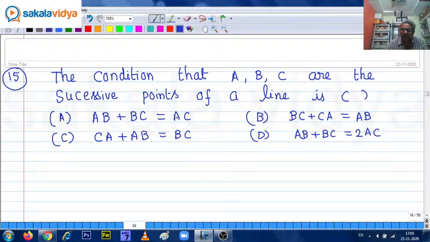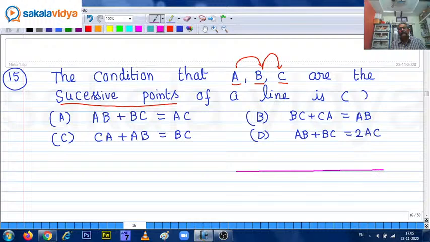So just read the question very carefully. That's very important. When you read the question carefully and understand the problem, that means 50% of the problem will be solved. Now check what the condition is given here. A, B, C are successive points, A after B, B after C, and the order should not be disturbed. They lie on the same line. Because they are collinear, the points are like this.